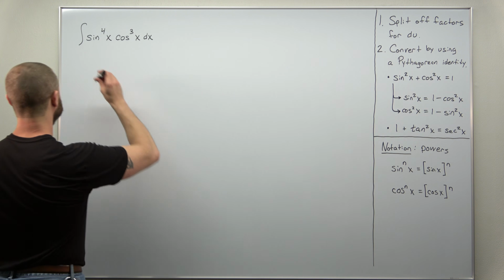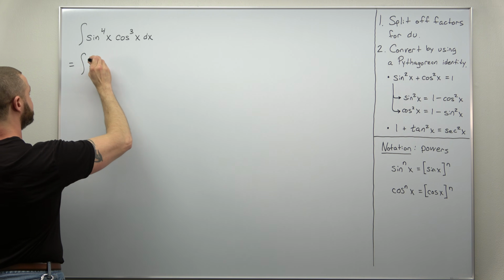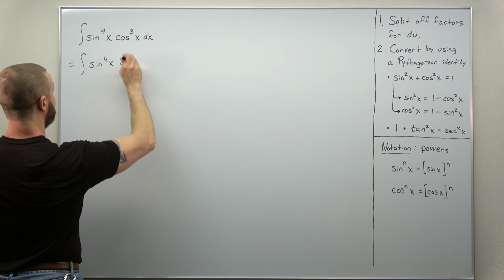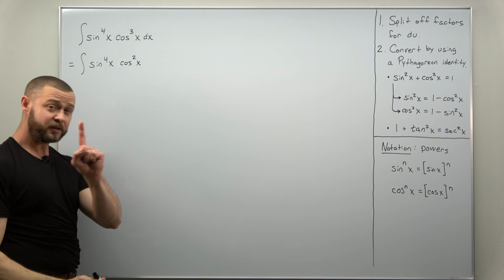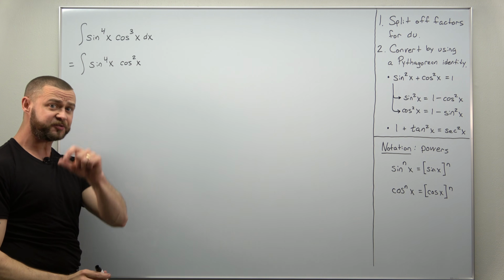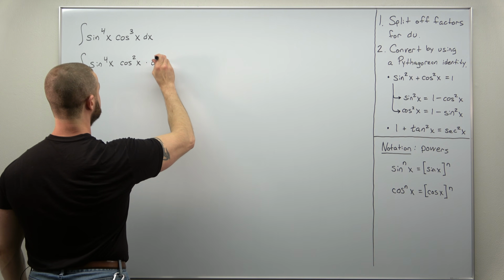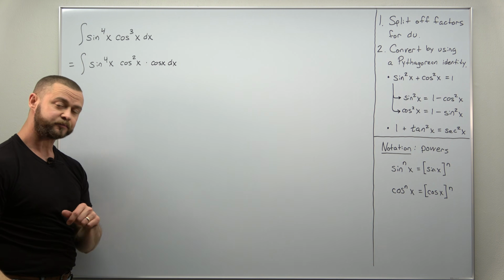Let's rewrite this first. We're going to keep sine to the fourth power the same. I'm going to split off one factor, leaving me with cosine squared. And I'm going to put the factor of cosine of x that we're splitting off right next to dx. So let's write that as cosine of x dx.